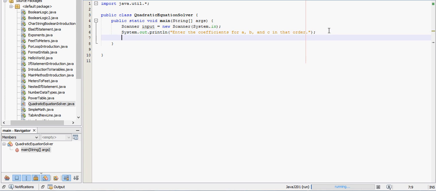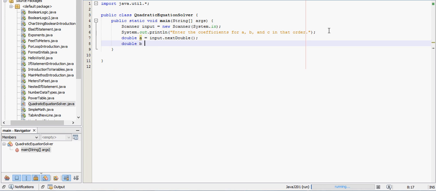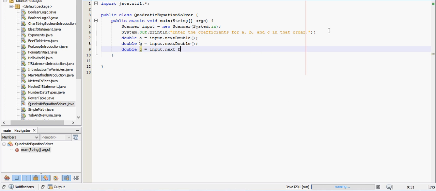And let's use the double data type. So double a equals input.nextDouble, double b equals input.nextDouble, and double c equals input.nextDouble, in that order.